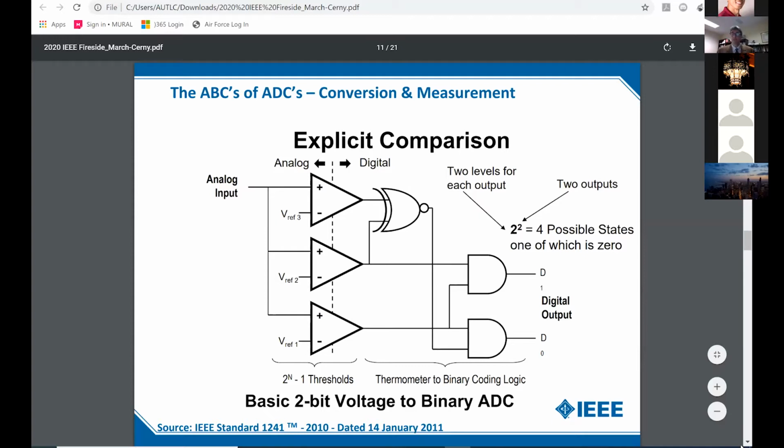This is a fairly straightforward example that shows that you're going to develop 2 to the 2 possible states, which is 4, of which one of them is always 0.